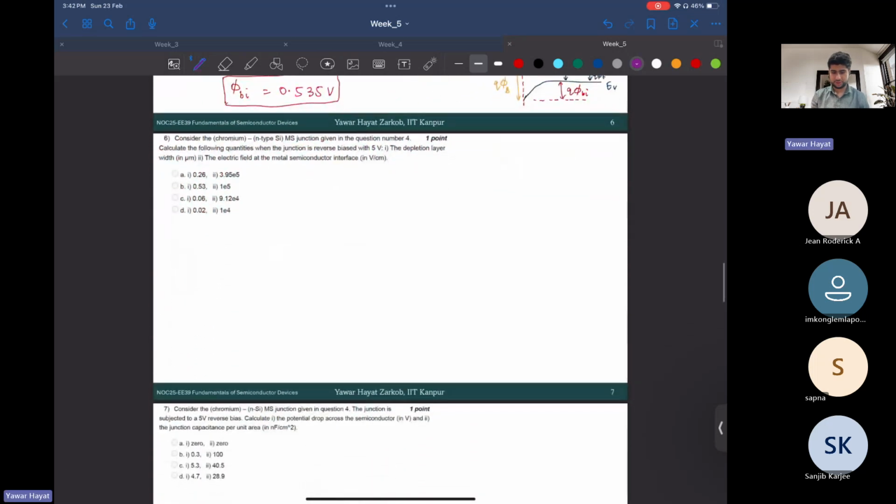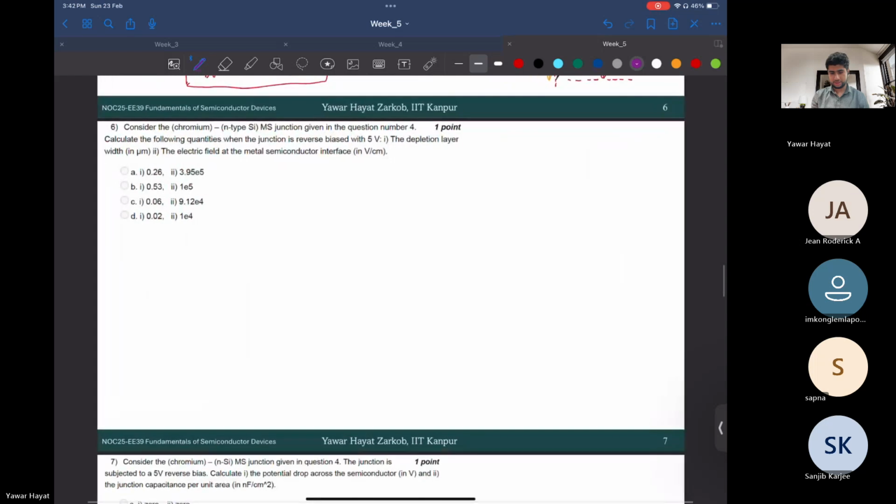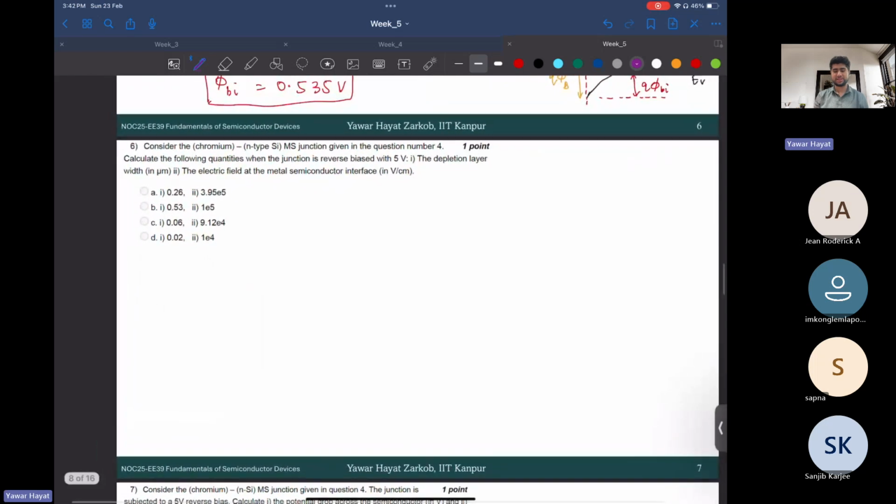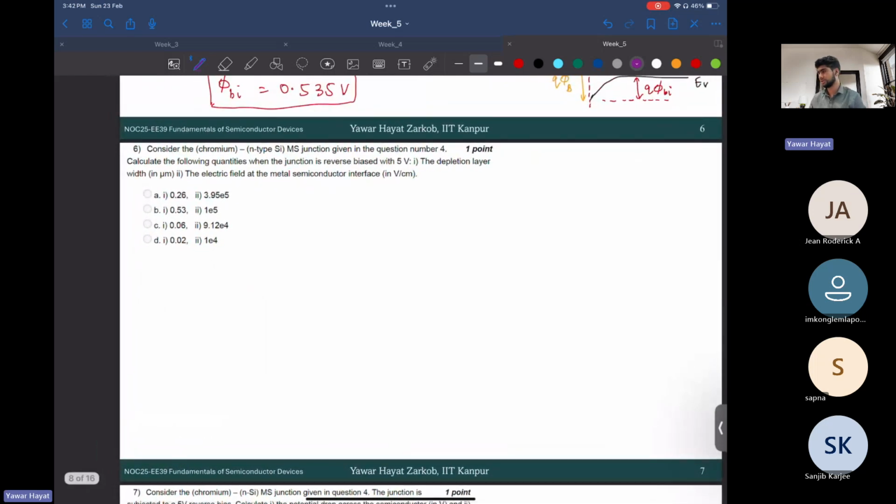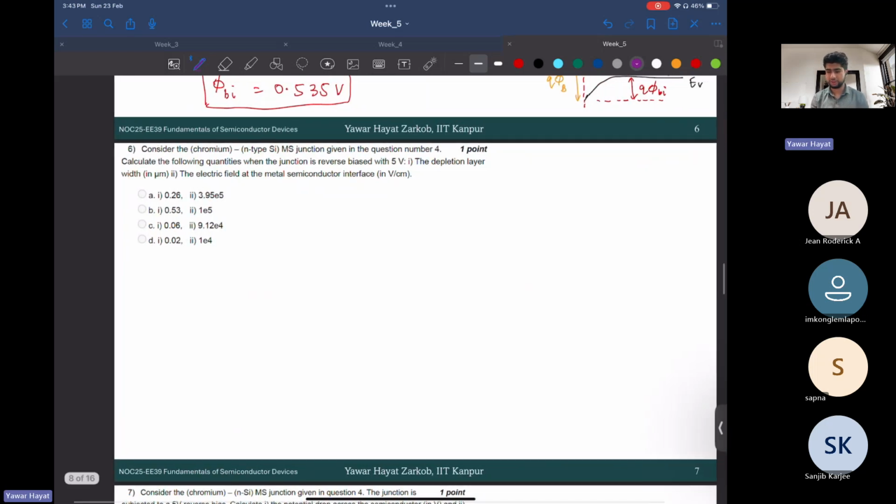So the next question is, okay, I'll leave this as homework. This is nothing but substitution. I'll provide you the formula and then you'll use it. So here you have been asked the depletion layer width and electric field at the interface, and the junction is a metal N-type semiconductor junction.